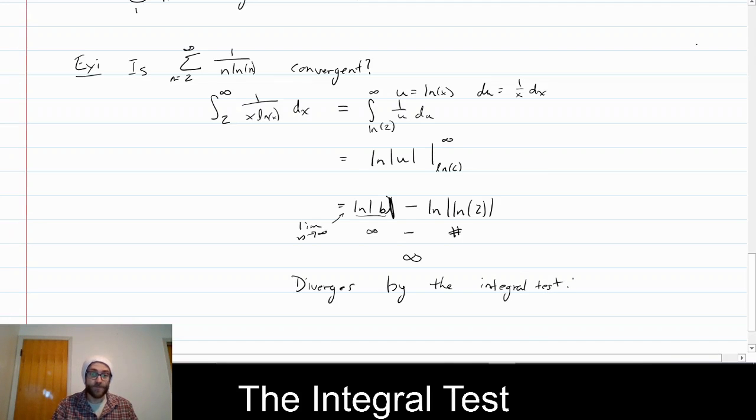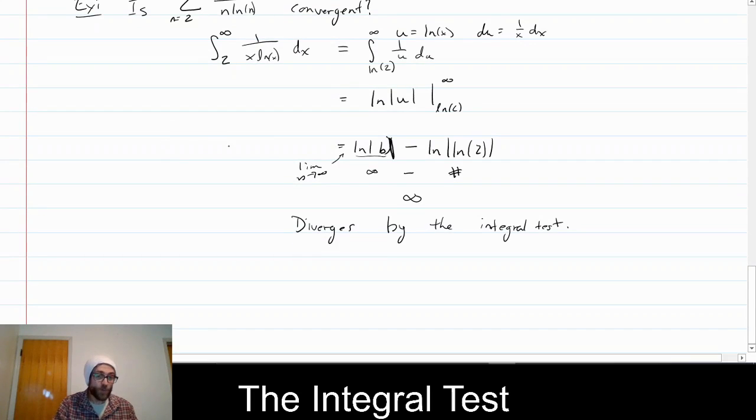All right, we can do one more example. So let's look at the sum from 0 to infinity of n e to the negative n squared. Okay, so as always with all these integral comparisons or integral tests, we're just going to look at the integral from 0 to infinity of x e to the negative x squared.